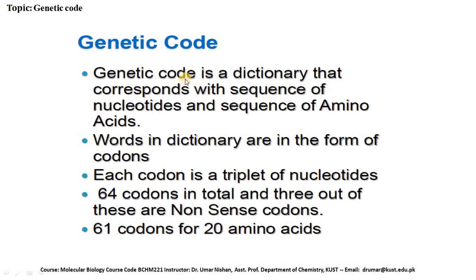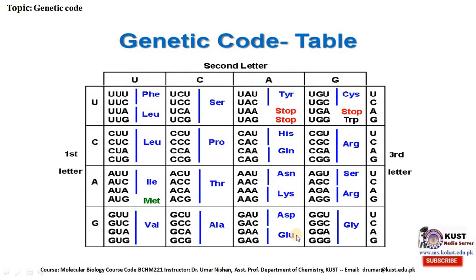Now, the genetic code is a dictionary that corresponds the sequence of nucleotides with the sequence of amino acids. Words in the dictionary are in the form of codons. Each codon is a triplet of nucleotides, 64 codons in total, and 3 out of these are nonsense codons, 61 codons for 20 amino acids. This is the table. So we can possibly have UUU, UUC, UUA, UUG.